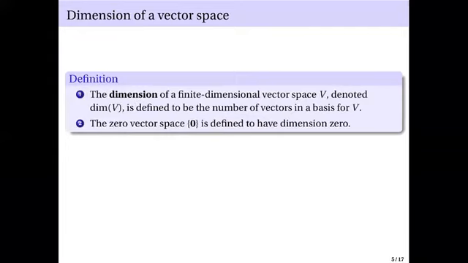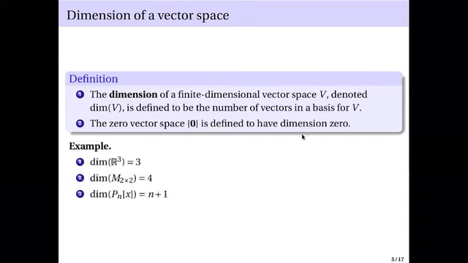The dimension is just the number of vectors in a basis for V. If you take any basis, the number of elements in it will be the same as the number of elements of another basis, meaning it remains constant, so we call it the dimension. Now, the zero vector space is defined to have dimension 0.